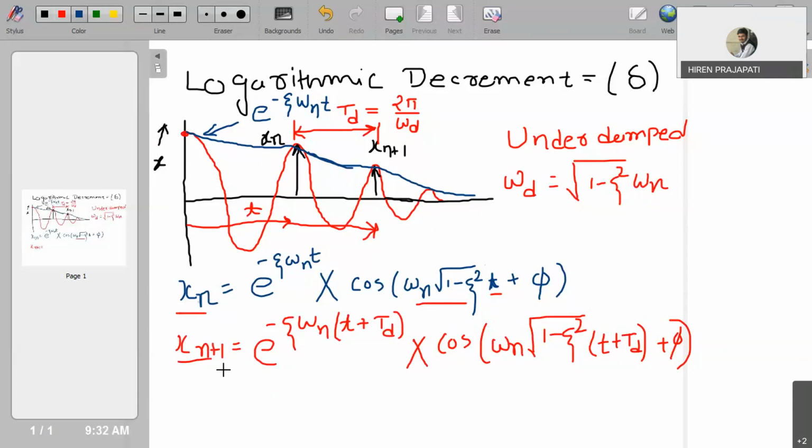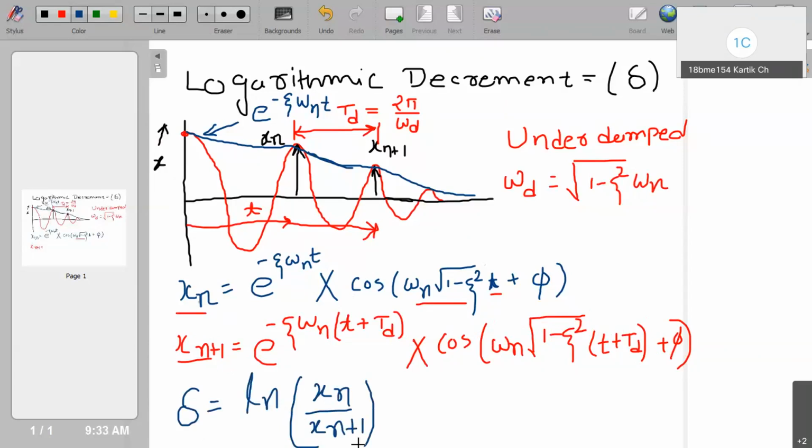Now what is logarithmic decrement? Logarithmic decrement is nothing but the natural log of two successive amplitudes, that means ln of xn divided by xn plus 1, right?